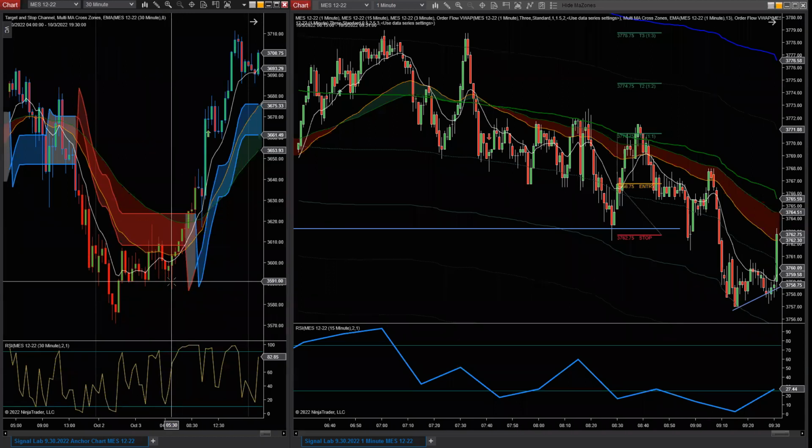So a lot of times when you see these reversals, you'll see the market try 1, 2, 3, 4 times, and it can't do it. Usually the market will break it on the fourth, and if it fails to break on the fourth, then you get a big move in the opposite direction.